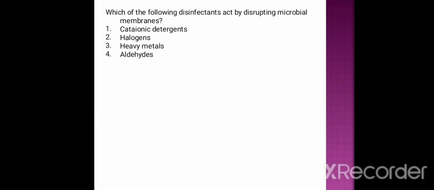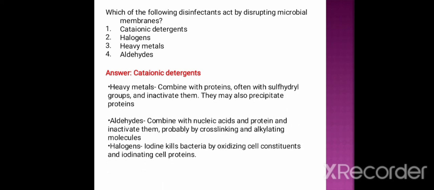Next, which of the following disinfectants acts by disrupting the microbial membrane? Option 1, cationic detergent. Option 2, halogen. Option 3, heavy metals. And option 4 is aldehyde. And the correct option is cationic detergent. That is, cationic detergents act as disinfectants by disrupting the microbial membrane. Whereas heavy metals combine with protein, often with sulfhydryl groups, and inactivate them.